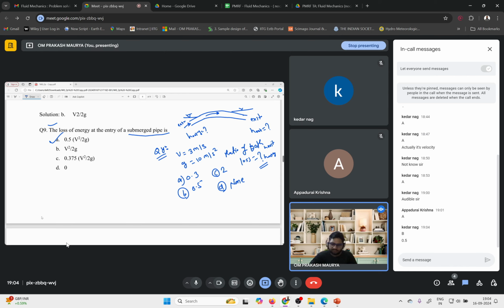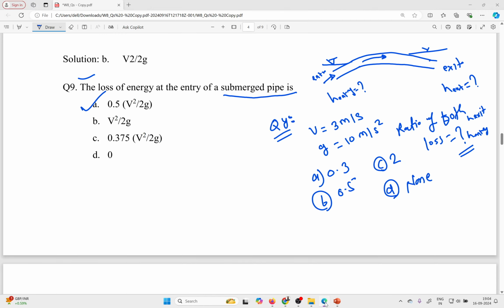Okay, let me discuss. So here I am talking about the ratio. If I talk about the ratio, there is no meaning of these values because in both formulas V square by 2g is involved. So no need to calculate, just the ratio.